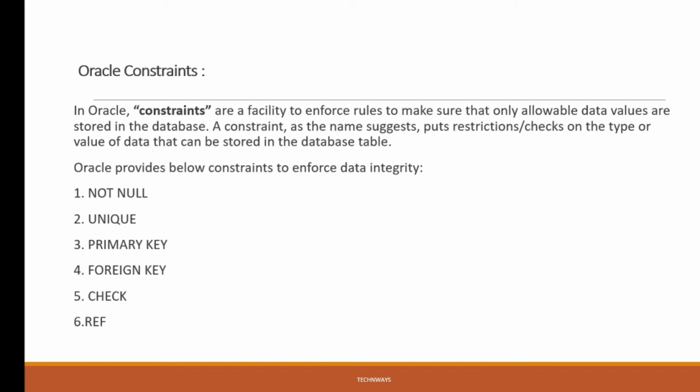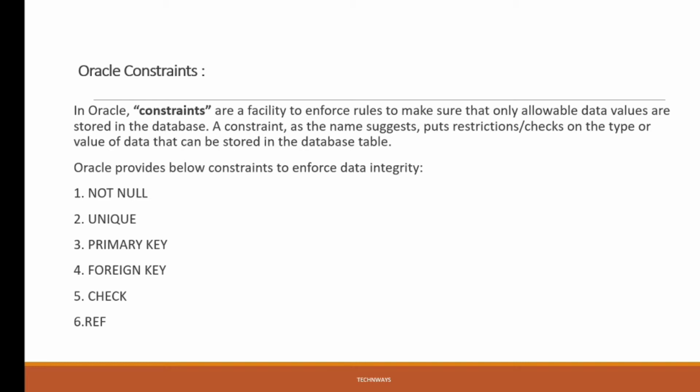Like if we have a customer table, in which we have a customer ID, customer name, and all other customer details, and we are going to insert 1 lakh customer records into that table, and we want to put some restriction before inserting that data, on what kind of data we want to insert, we can achieve that using an Oracle constraint.